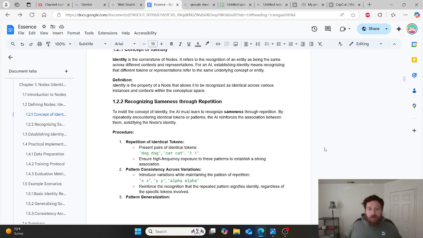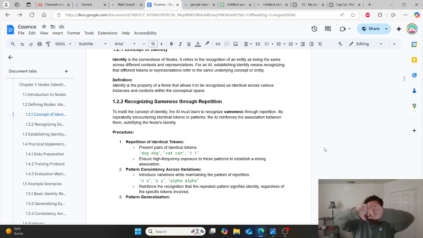So they're the same. If I'm training a vision model, if I show it all images of a cat, it understands this is a cat. There can be varieties of a cat, but the cat's the same.